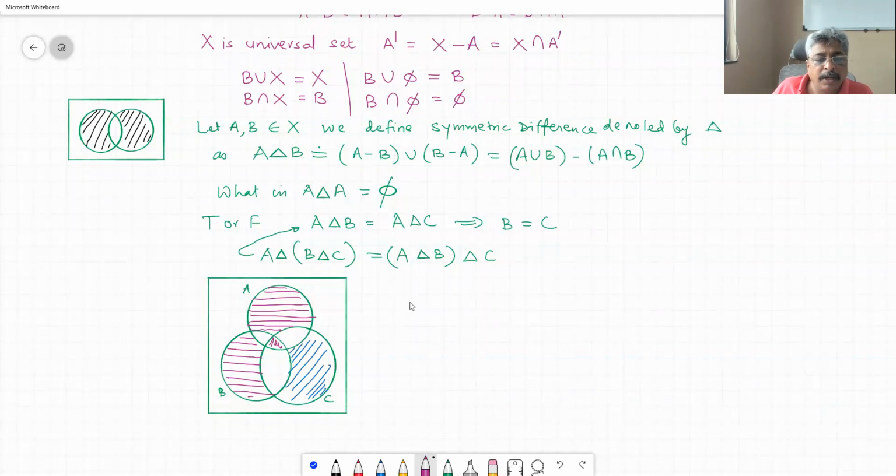Is this the RHS and LHS both? Correct. This is going to be the diagram for LHS as well as RHS. Therefore, this is true.